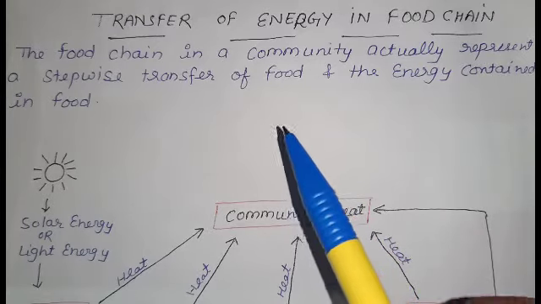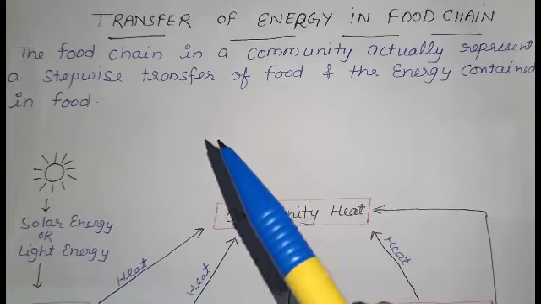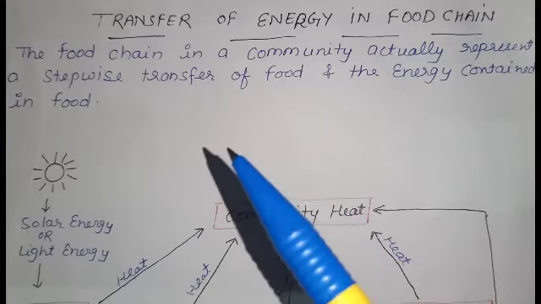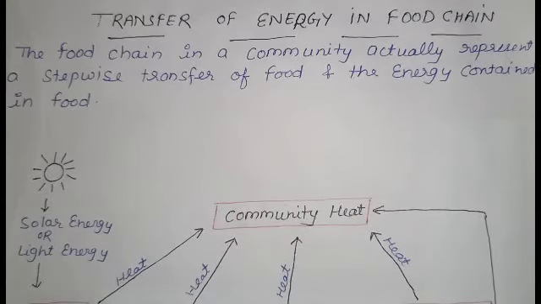This food and energy is then transferred from the producer organism to herbivores and from herbivores to carnivores through the food chain. Now let us discuss this flow of energy with the help of this diagram and 3 steps.